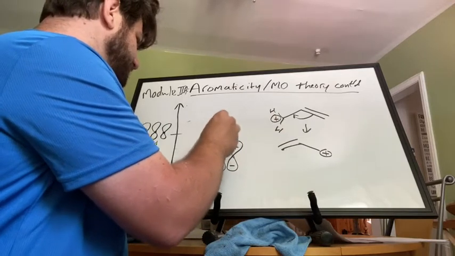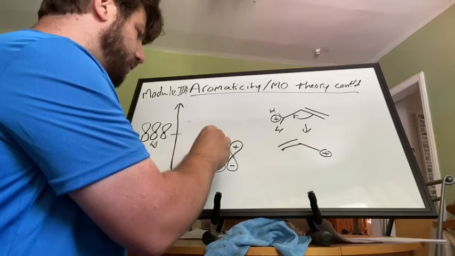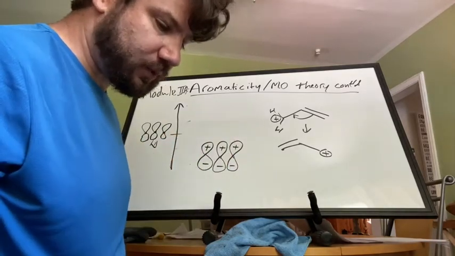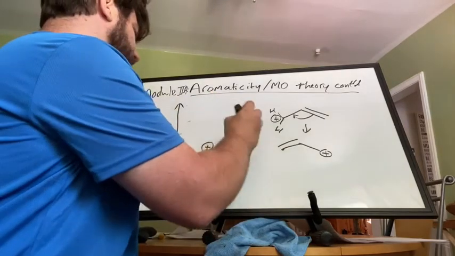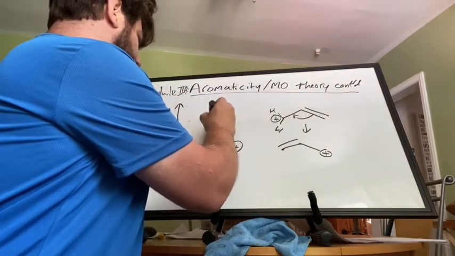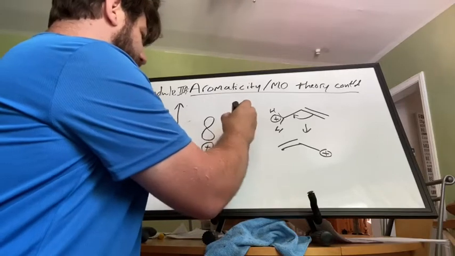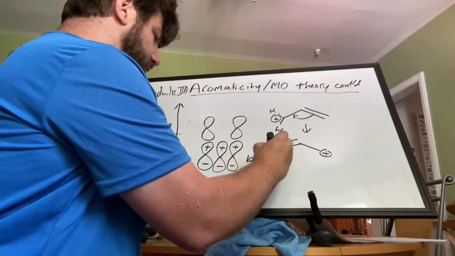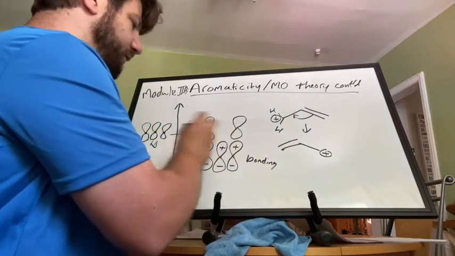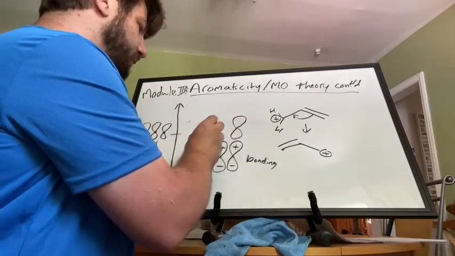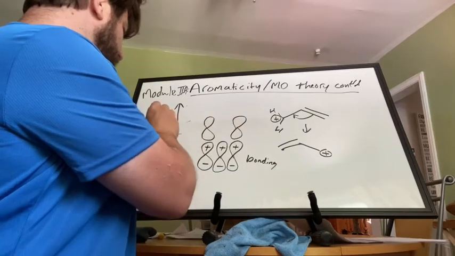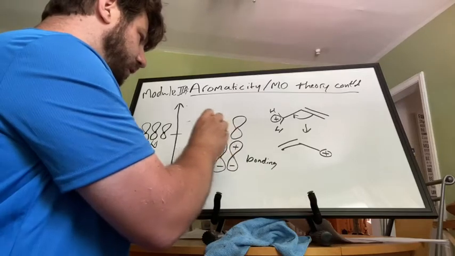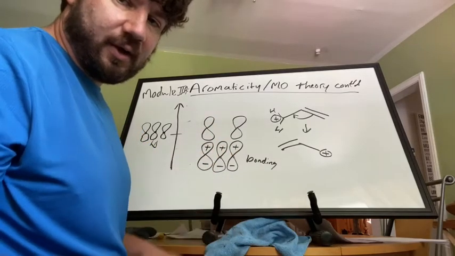With wave theory, we have 1, 2, 3 all in agreement, so this is going to be bonding. It means all of these p orbitals that have been hybridized to being pi bonds are basically in harmony.